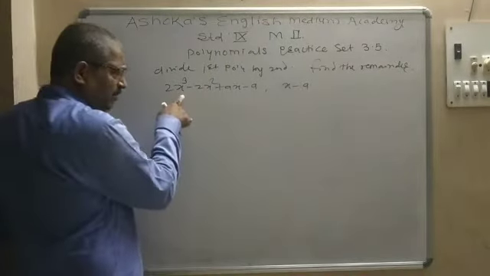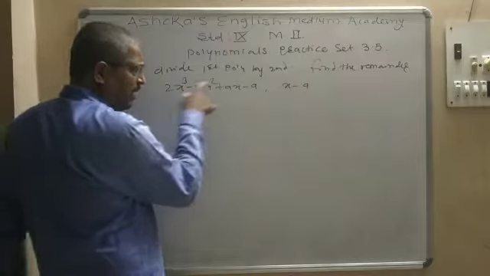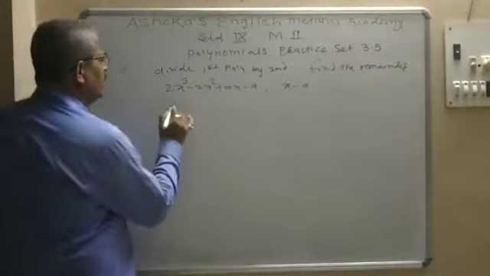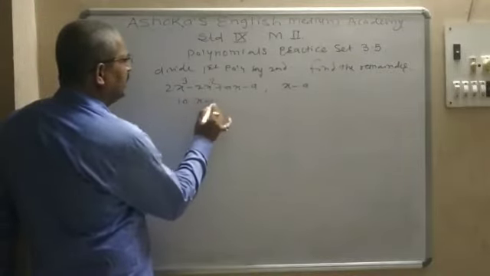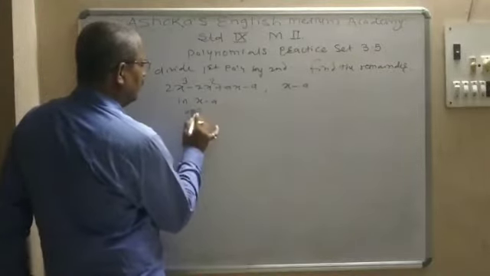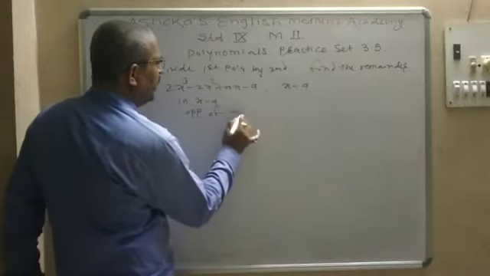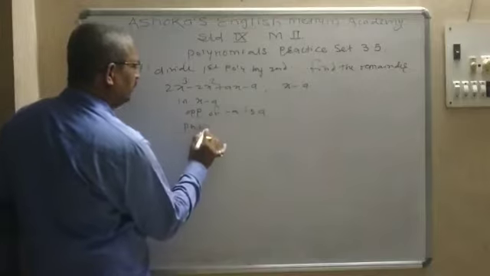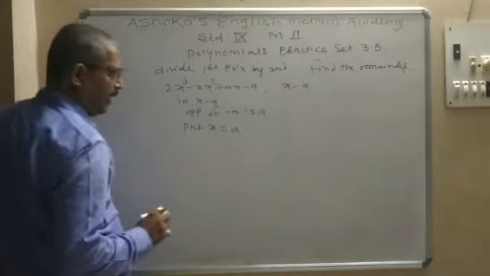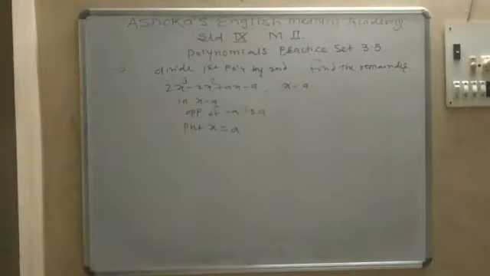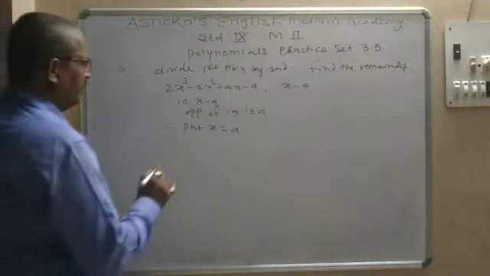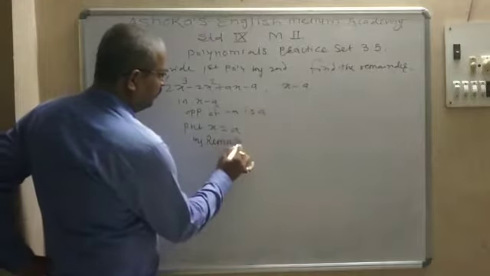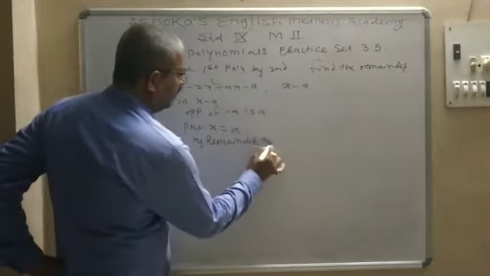This first polynomial must be divided by x minus a. Then in x minus a, the opposite of minus a is a. Therefore put x is equal to a, by the remainder theorem method.